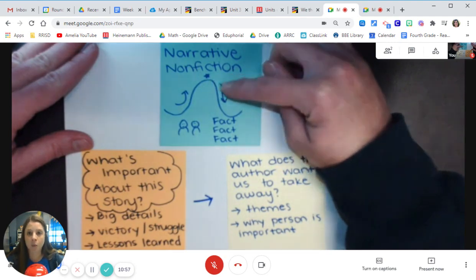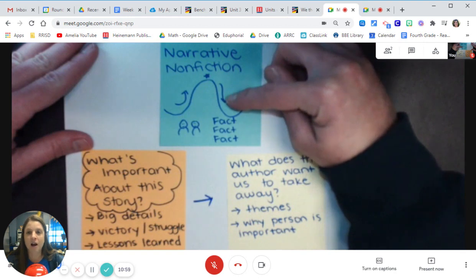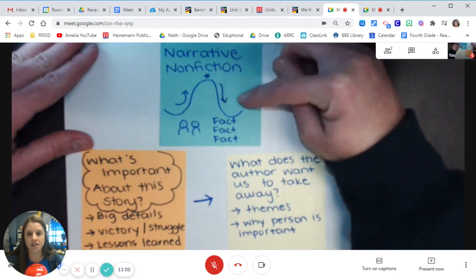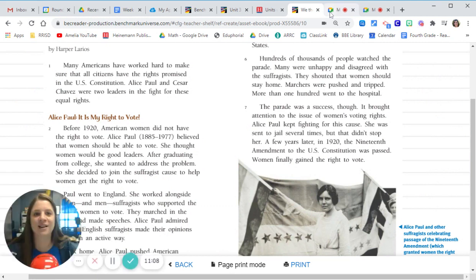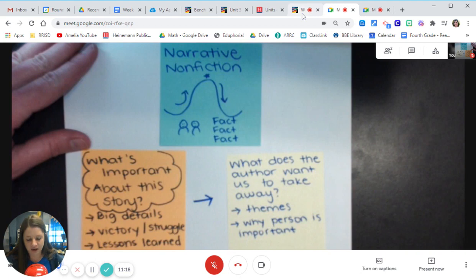And then the problem got worse and people got hurt. However, the problem was eventually solved with the amendment of the 19th Amendment to the U.S. Constitution was passed. Sorry about that. And so white women did finally gain the right to vote.